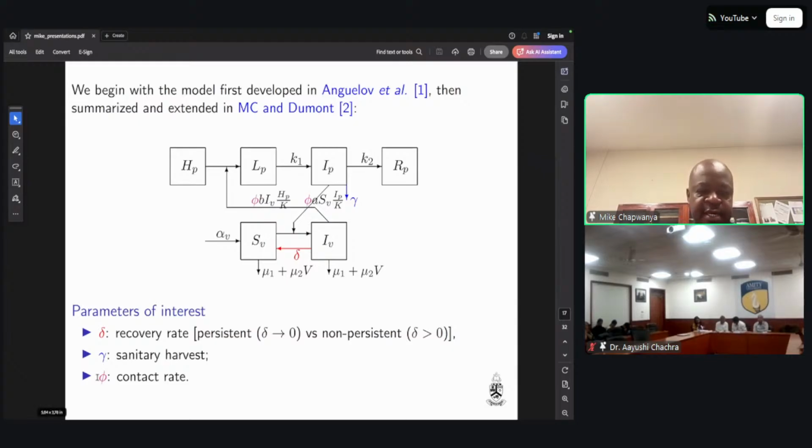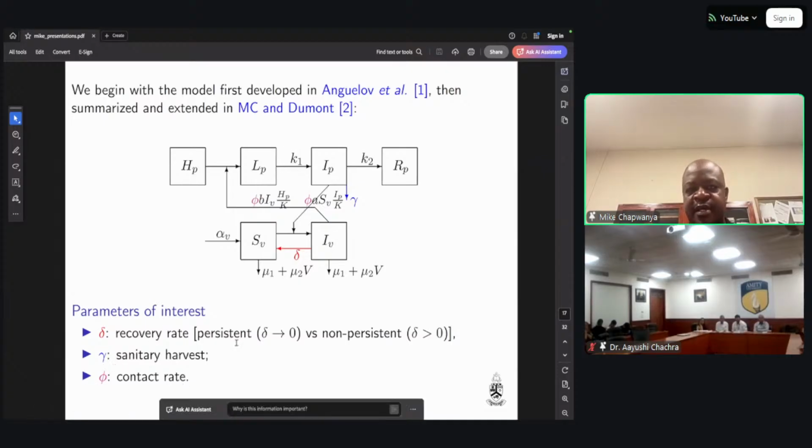Another important parameter in this case is the contact rate. So the contact rate between plants and the vector. I think some of us probably have seen, especially the citrus farmers, they cover the plant to actually protect it from pests, and that's where the contact rate comes in.